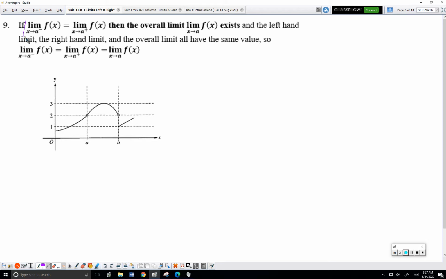If I'm finding the limit as x approaches a from the left and x approaches a from the right, and they are the same, then this overall limit is that same value. That's why this limit in this problem happens to equal 2. Questions? So when the left and right limits are the same, that's the value of the overall limit. When the left and right limits are different, the overall limit does not exist. It's just one of the two.